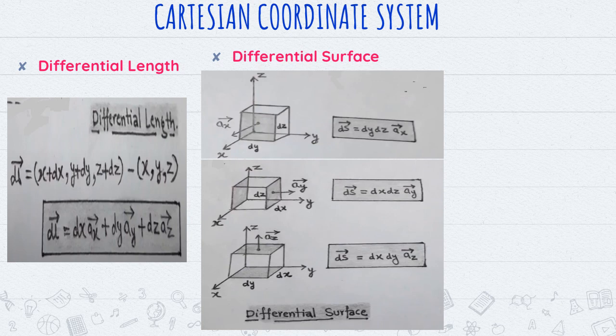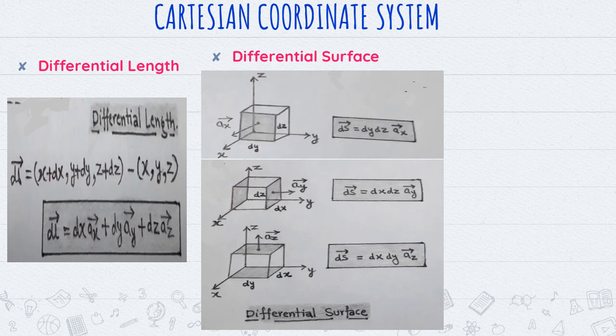Therefore we can conclude that ds is equal to dx dz into ay vector. Now the third formula, about the az direction. In the az direction, z is the changeable one, whereas x and y are constant. Therefore we can write the formula as ds is equal to dx dy into az vector. So this is about the differential surface.